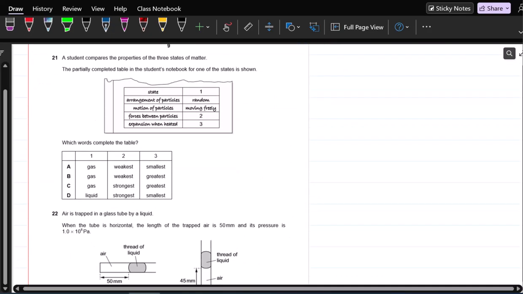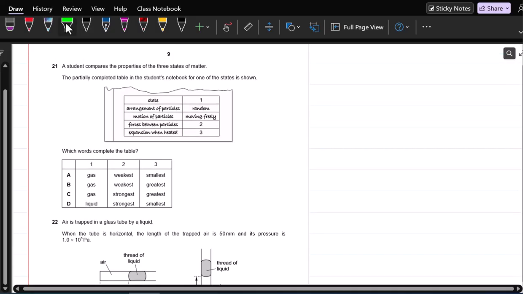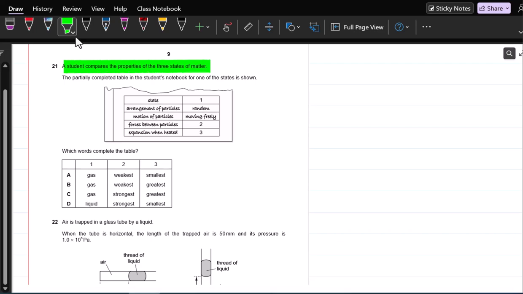Moving to question 21. A student compares the properties of three states of matter. What are the three states of matter? Solid, liquid, gas. The partially completed table in the student's notebook for one of the states is shown. State, we don't know. Arrangement of particles is random, so it means it is either gas or liquid.